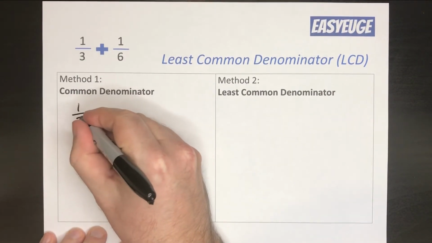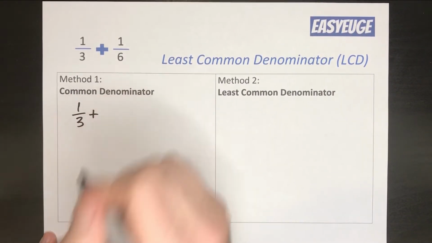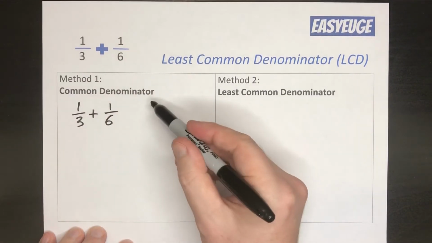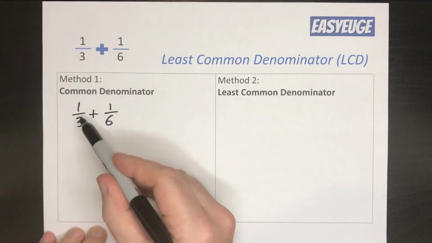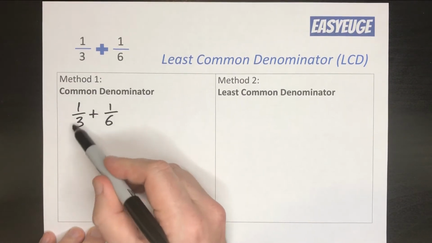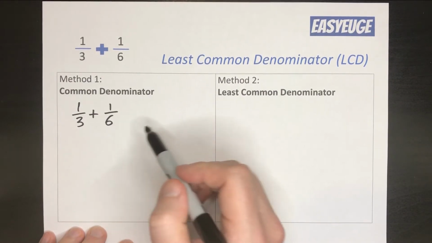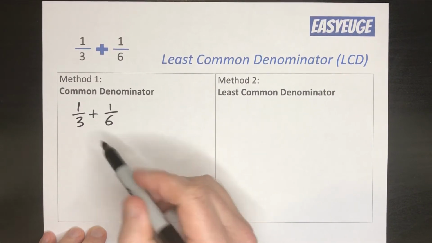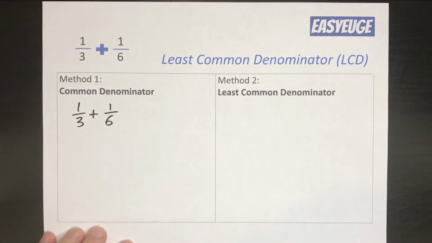So we'd start by writing down the equation, which is 1 over 3 plus 1 over 6. So for a common denominator, let's just multiply all of this fraction by 6 over 6, and then multiply all of this fraction by 3 over 3 to make the bottom numbers like.